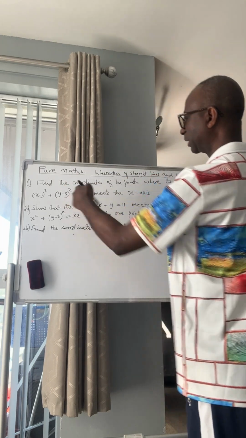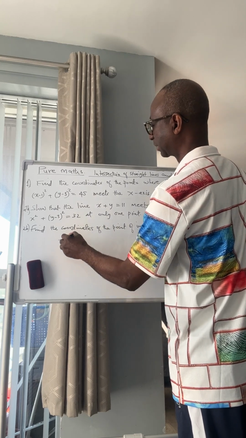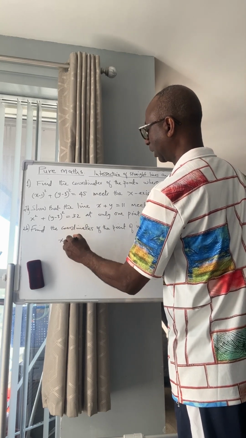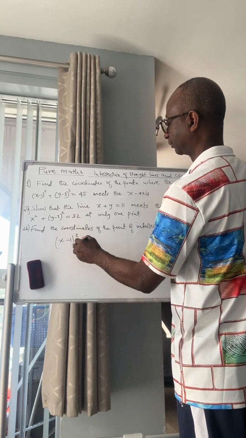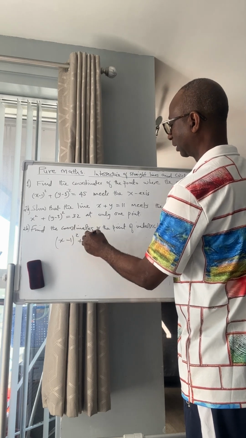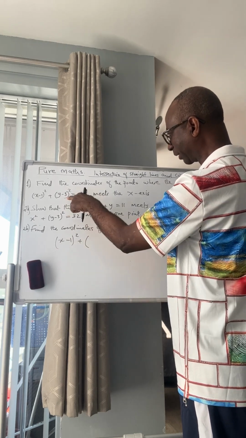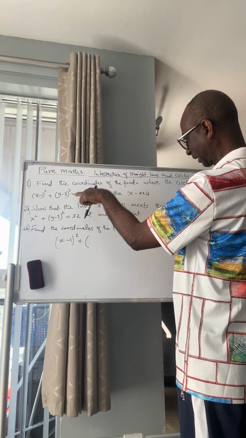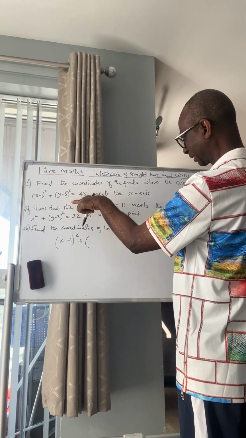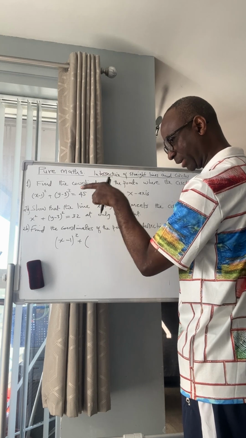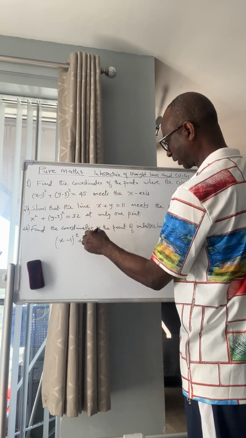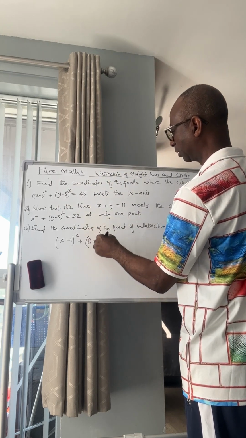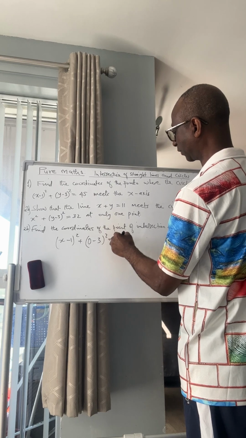Therefore, from this equation, (x − 1)² + (y − 3)², since this circle meets the x-axis, y is 0. So the y here is going to be (0 − 3)² = 45.